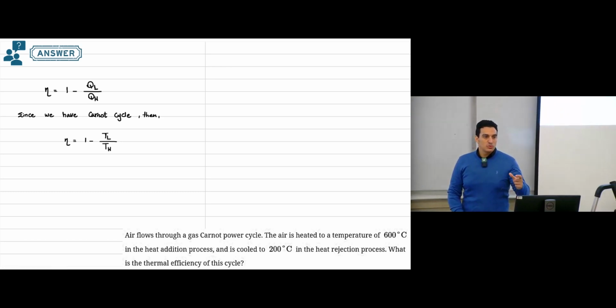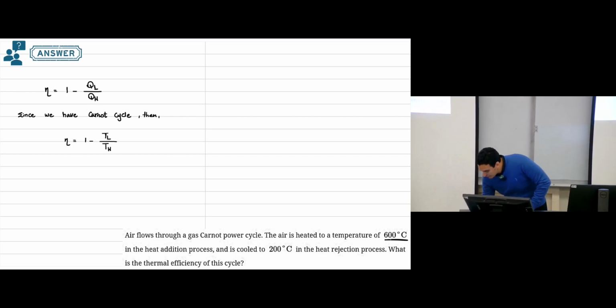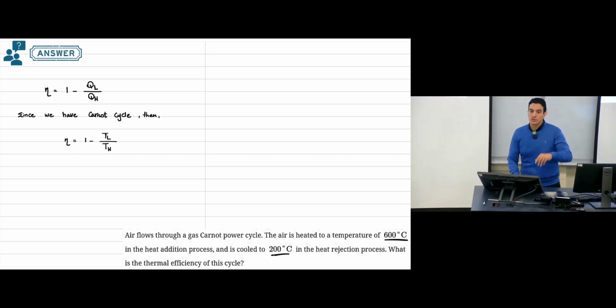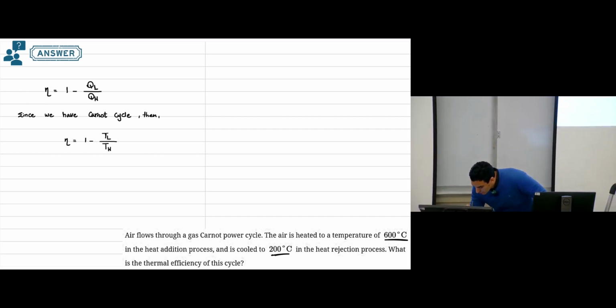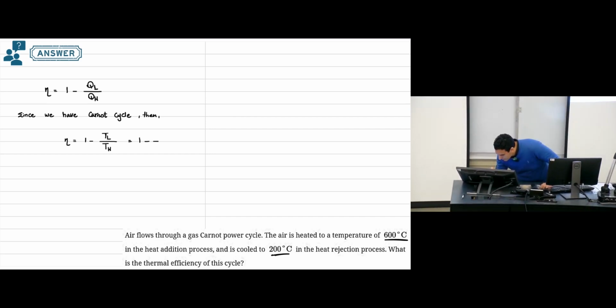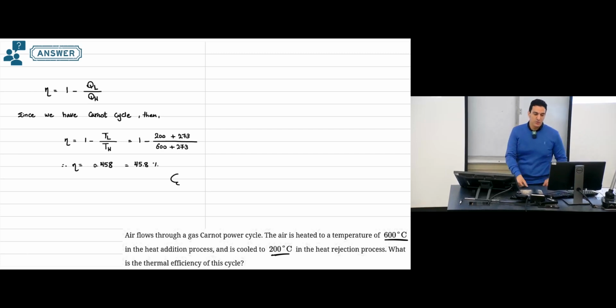The only thing you need to change in the given data is that the temperatures here are in Celsius, and in this equation we don't use temperature in Celsius. So this will be 1 minus TL, which is 200 plus 273, divided by TH, which is 600 plus 273. And once you calculate, the efficiency will be 0.458, which is equivalent to 45.8%. So this is the efficiency of this Carnot cycle.